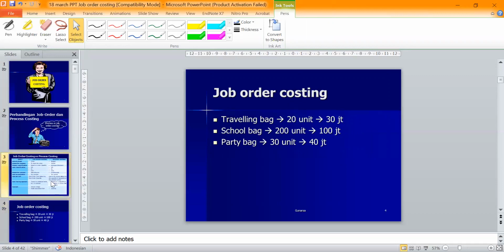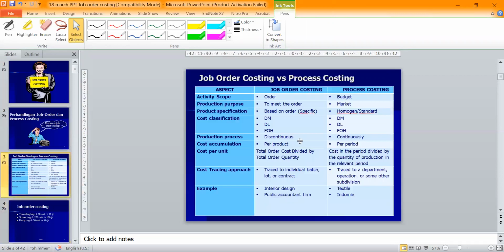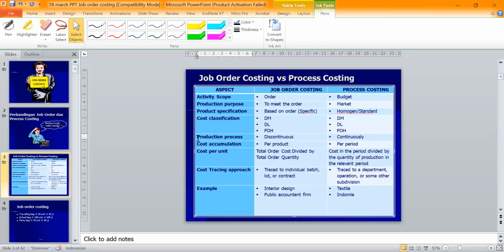But how about in the process costing? Just remember that the production process in the process costing is really continuous. It's kind of like unstoppable. Using machines, so that machine will always produce the unit unstoppably. But the issue in here is when we're talking about the cost per unit, we need to know the cutoff per department and each period.